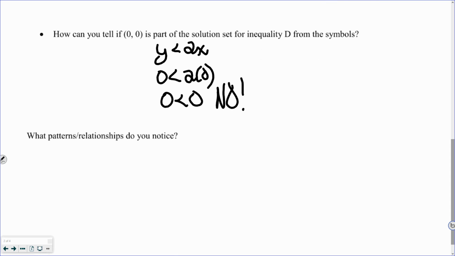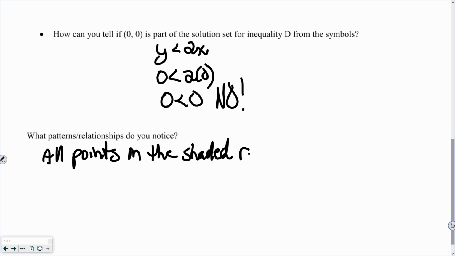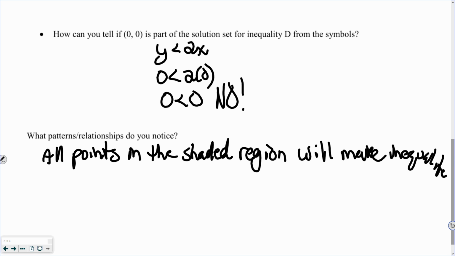So, what patterns do you notice? That all points in the shaded region will make the inequality true.